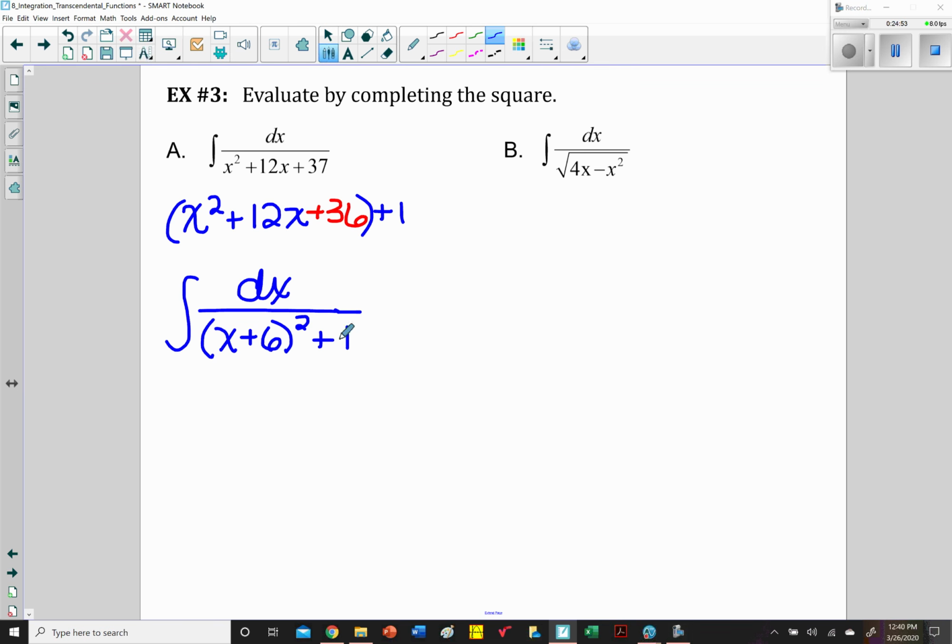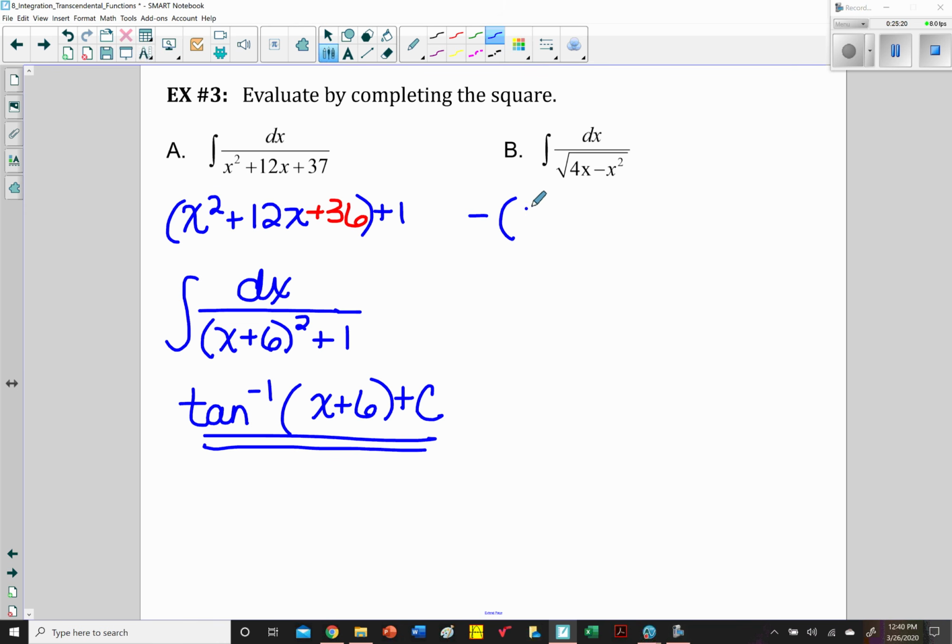You see tangent inverse in this, 1 over u squared plus a squared. So 1 over a is 1 over 1. And tan inverse of u over a, that's x plus 6 over 1 plus our constant. So those are things you just have to get used to, recognizing those patterns. And the more you work them, the more you start to see them.